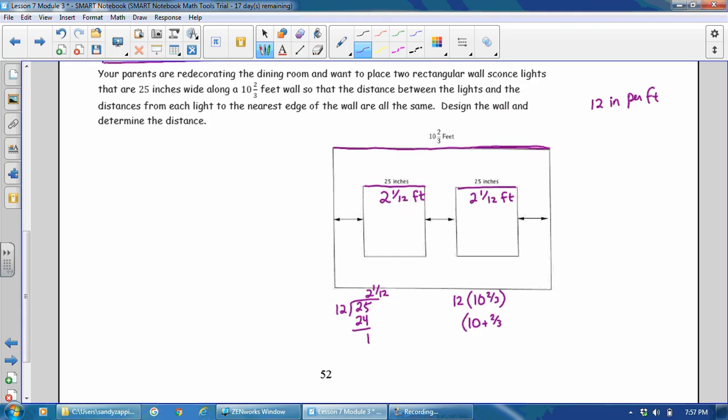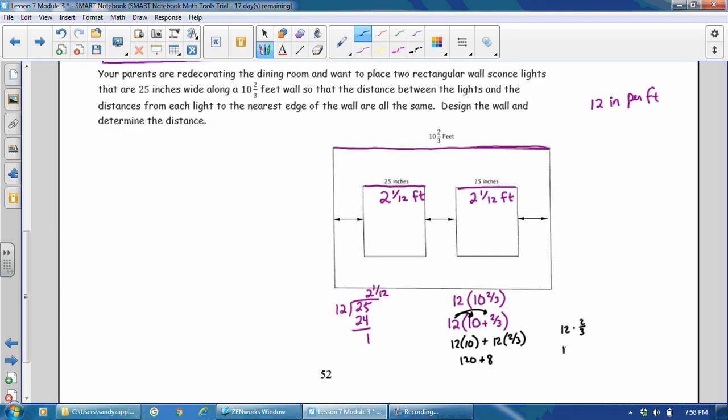We're going to multiply the whole quantity times 12. And this is a good use of the distributive property. We want 12 groups of 10 to tell us how many inches in the 10 feet, and 12 groups of 2/3 to tell us how many inches are in that 2/3 of a foot. So 12 times 10 plus 12 times 2/3. 12 times 10 is 120, and 12 times 2/3 is 8. 12 times 2/3.